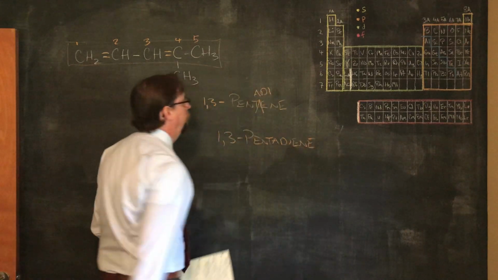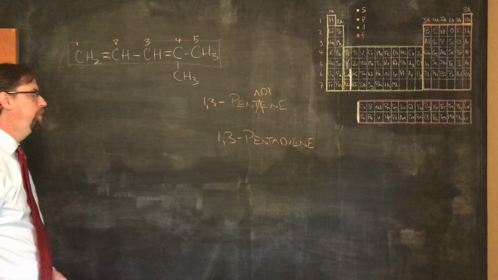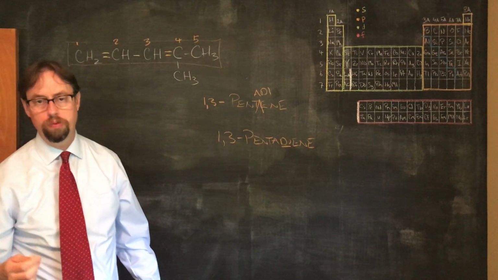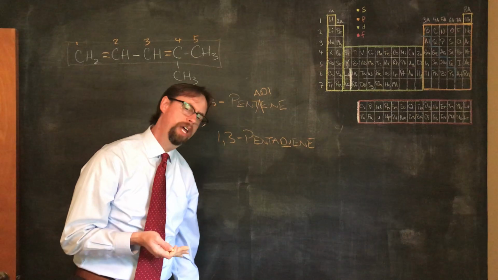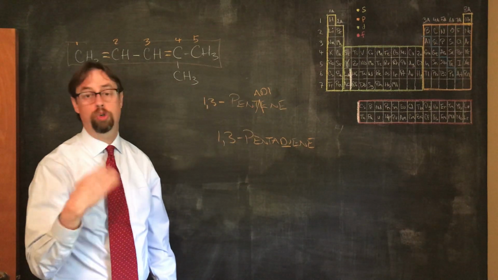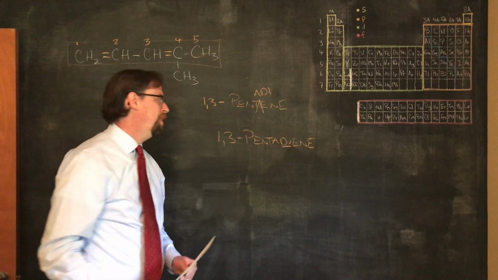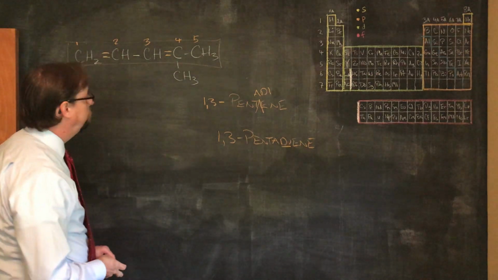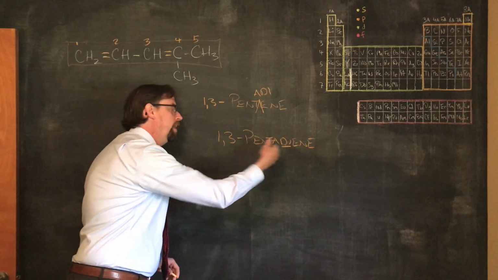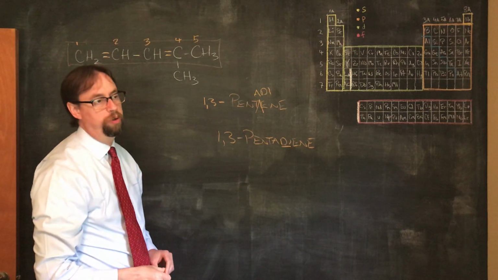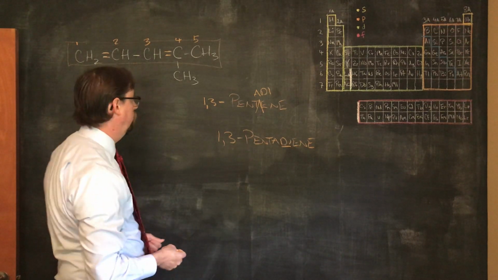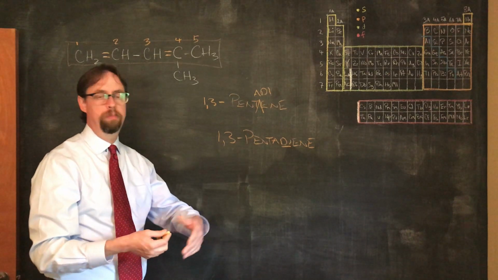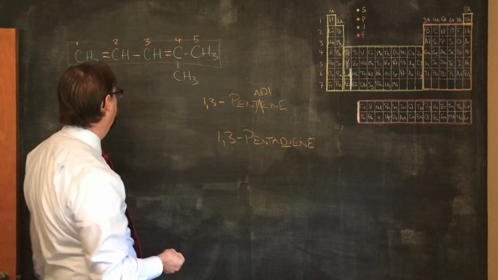Okay. This, I think, is a little redundant, but that's how they do it. Di for 2. If we had 3 separate double bonds, it would be a triene. I think it's a little redundant, because when you've got these 2 numbers here, you kind of know that there were 2 double bonds, but that's how the IUPAC, International Union of Pure and Applied Chemistry, decided to do it.